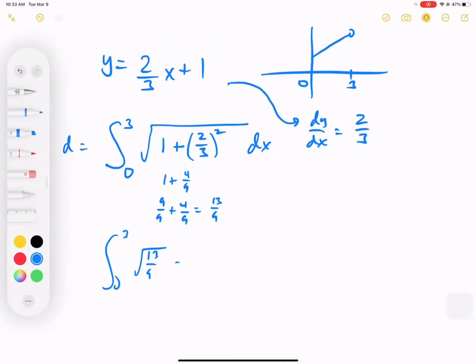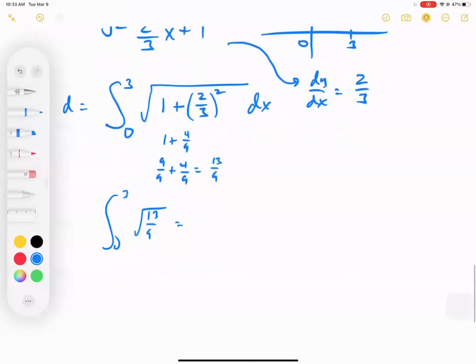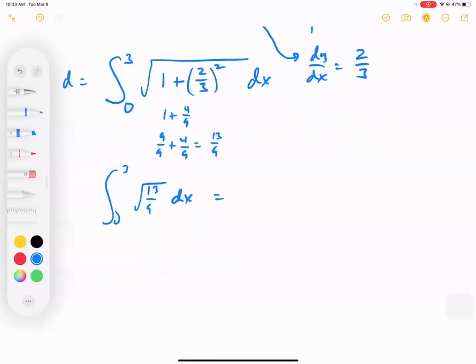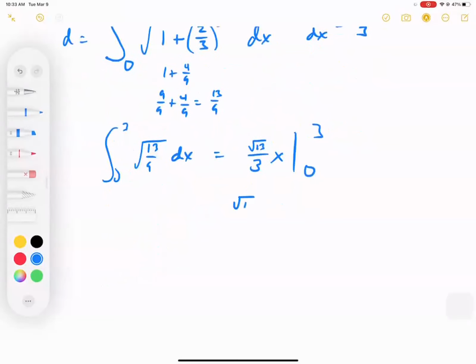Did I mess up anywhere? Just making sure I didn't mess up anywhere. Oh yeah, okay. The integral of this is, I'm going to write, square root of 13 over 3 x, plug in 0 and 3. Bring down the 3. Square root of 13 over 3 times 3 minus square root of 13 over 3 times 0. And our answer is square root of 13.